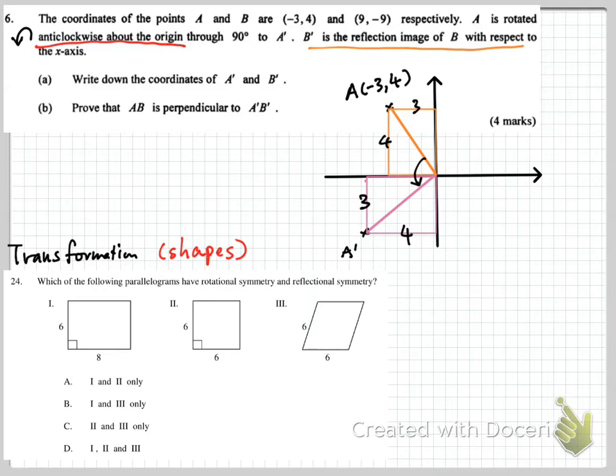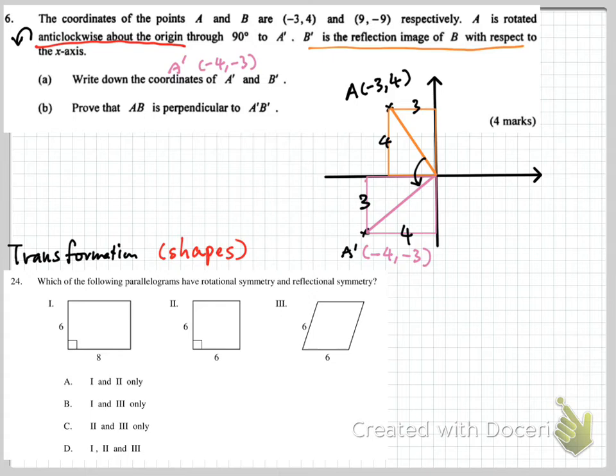So for A prime, the point is in the third quadrant, so both coordinates are negative. It is minus 4 and minus 3. A prime will be minus 4 and minus 3. The quadrant tells us the plus and minus for the x and y coordinates. We can roughly get the quadrant by drawing a correct diagram.